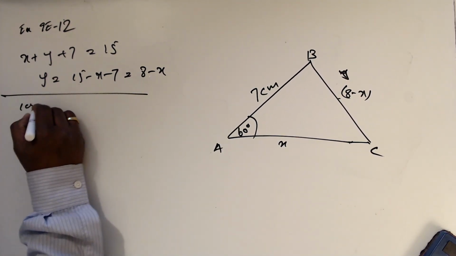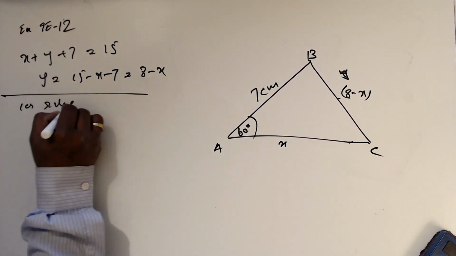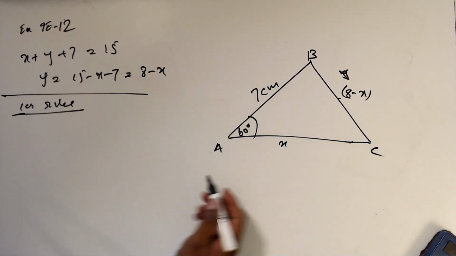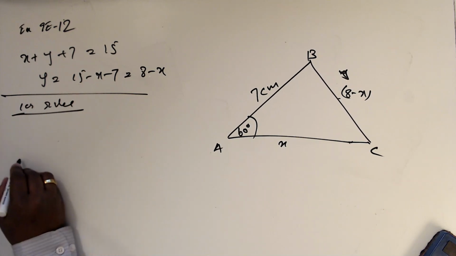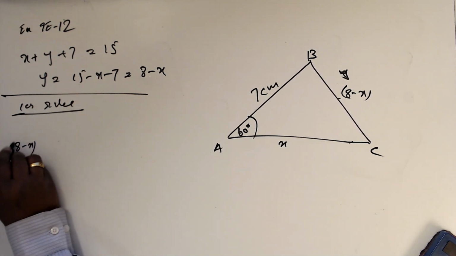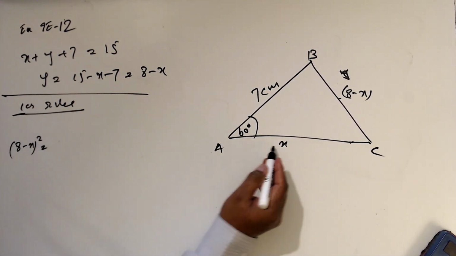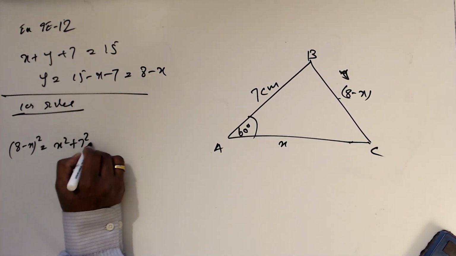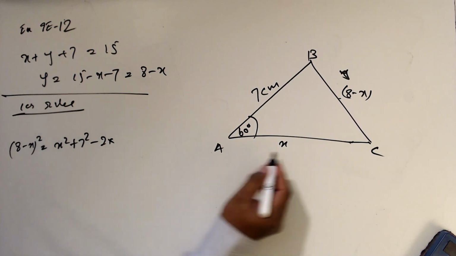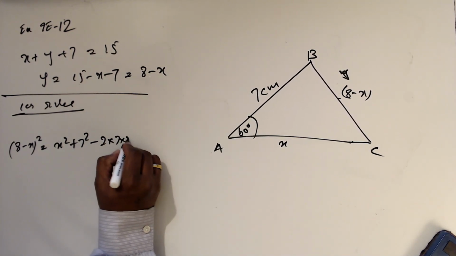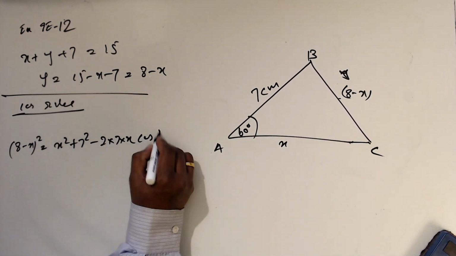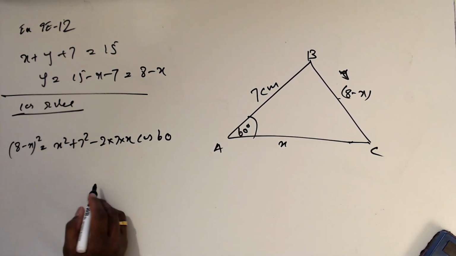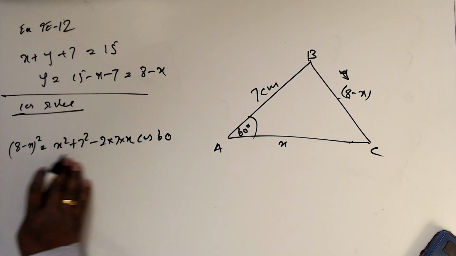So from the cos rule, I can write 8 minus x all squared equals x squared plus 7 squared minus 2 times x and 7 cos 60. So we'll expand. Now we have one equation to solve.